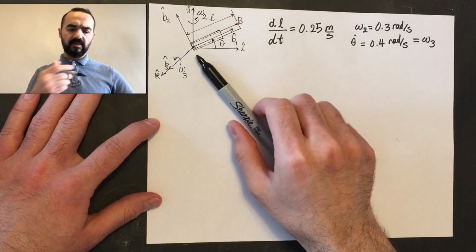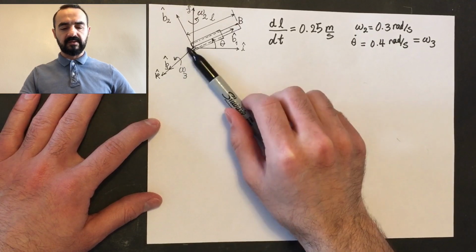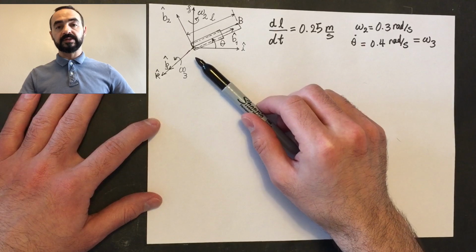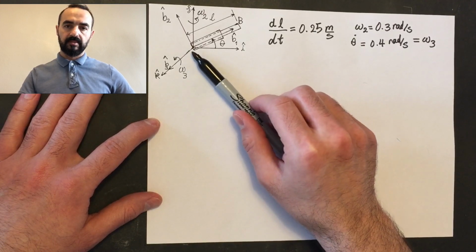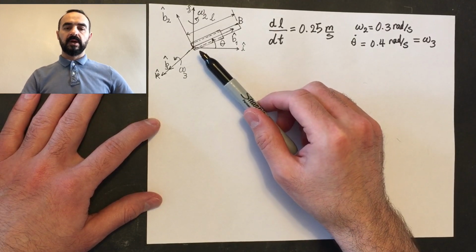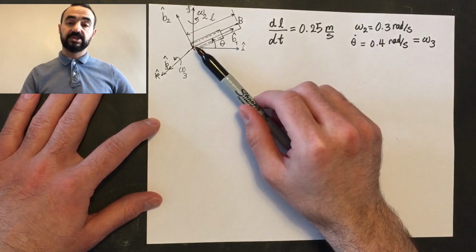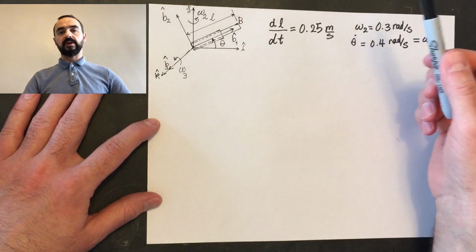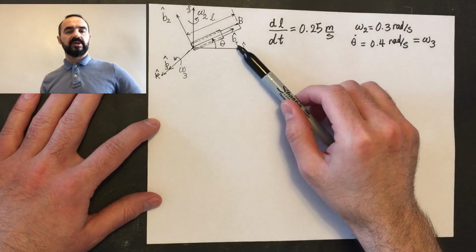And then what I've done here is I've defined this as my inertial frame, and then I'm also defining a body attached frame. I'm using small b to indicate unit vectors in the body attached frame.